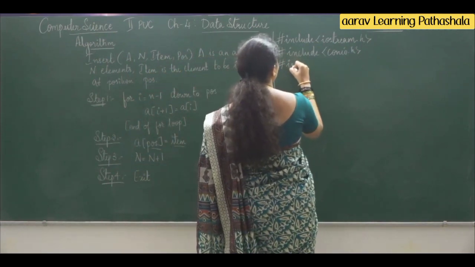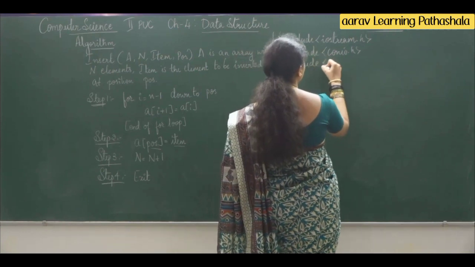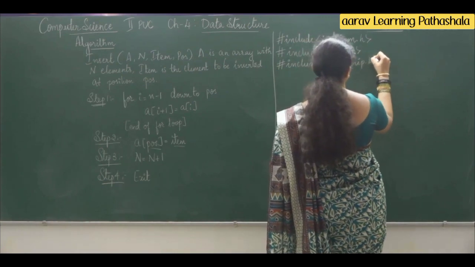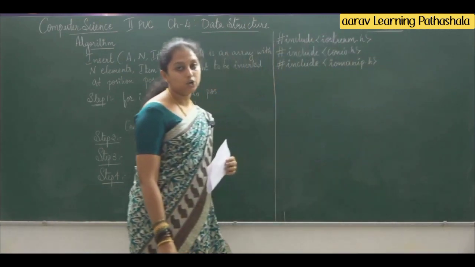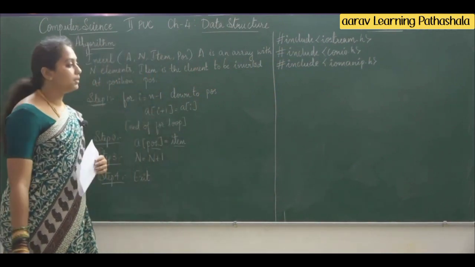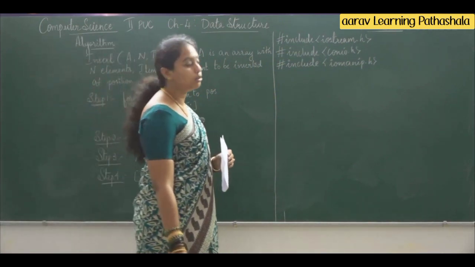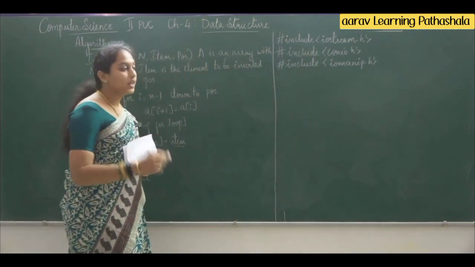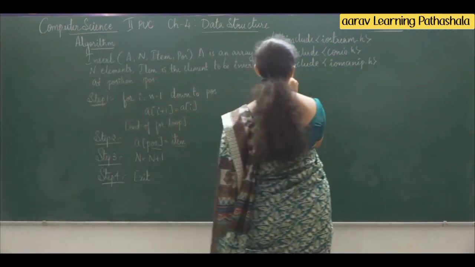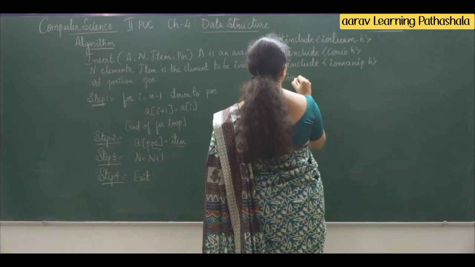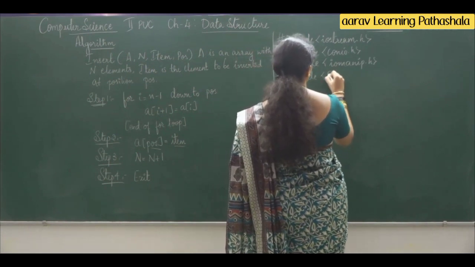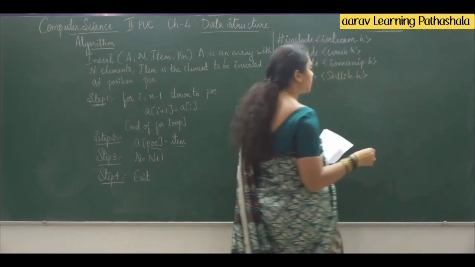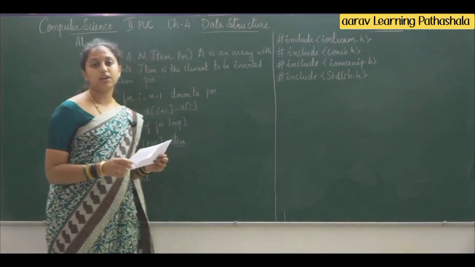And next header file I am going to write is #include iomanip.h. iomanip.h header file is used to manipulate the output in the C++ program like setw function. setw function is used to set the required field width between the elements in the output. Next header file is #include stdlib.h. I am going to use this header file because I am using exit function in our program.